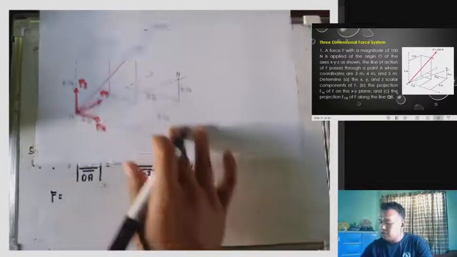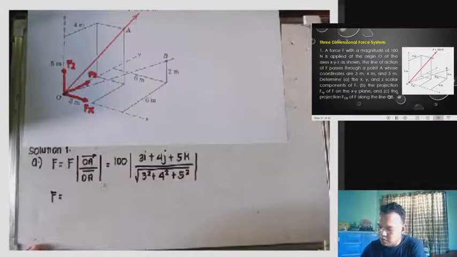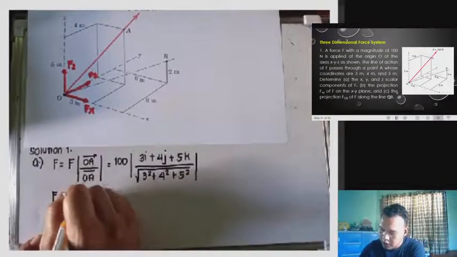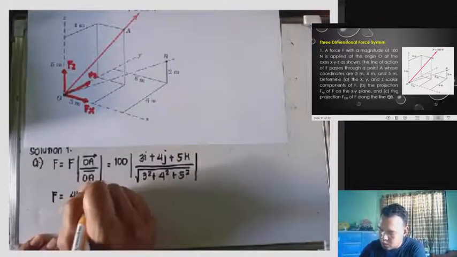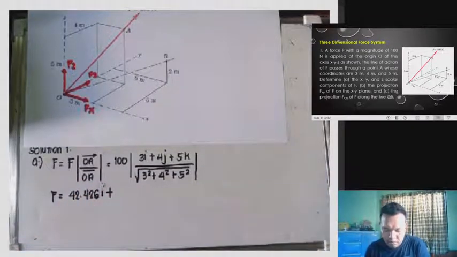Calculator. Okay. 100 times 3 all over the square root of 3 squared plus 4 squared plus 5 squared. So, let's do the 3i first. Okay? So, we have here 42.426i plus, for the 4, 4j.